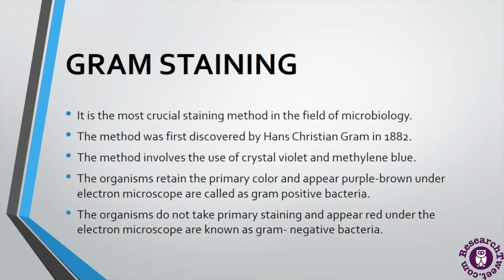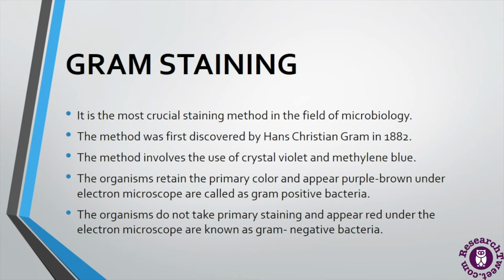So let's understand some basic facts about gram staining and what gram staining is. Basically it is the most crucial staining method used in the field of microbiology to differentiate between bacterial families or bacterial genera.